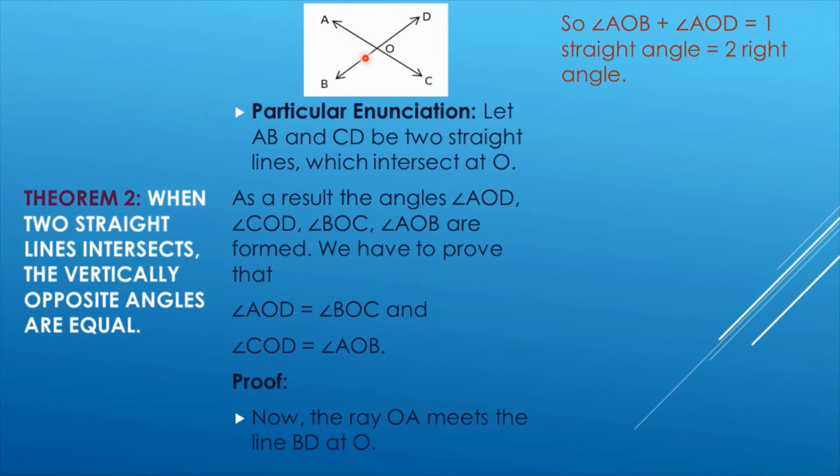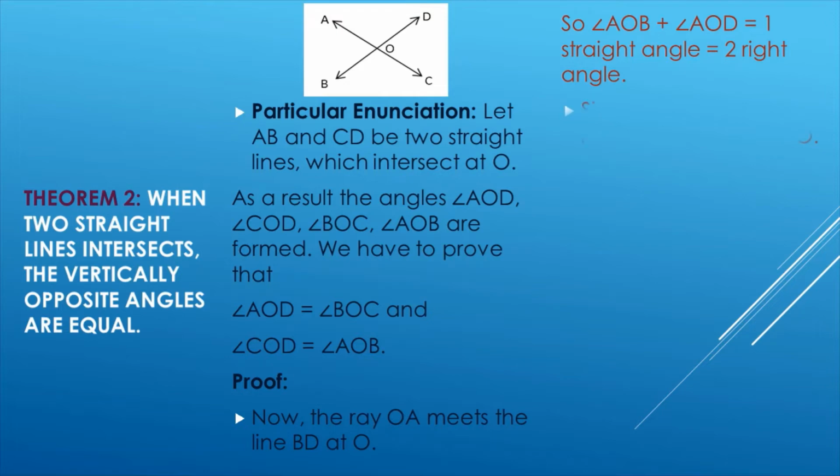As you can see, they are beside each other, angle AOB and angle AOD. So this is one straight angle, and we know the value of one straight angle is 180 degree, and instead of 180 degree we can write two right angles, because one right angle is 90 degree, and two right angles means 2 multiplied by 90, that would be 180 degree.